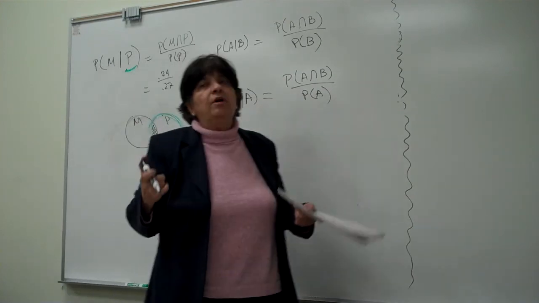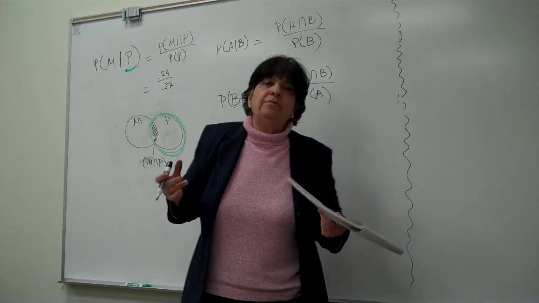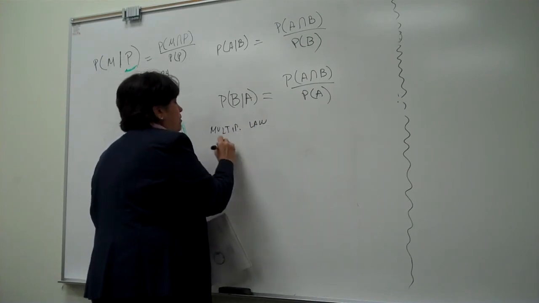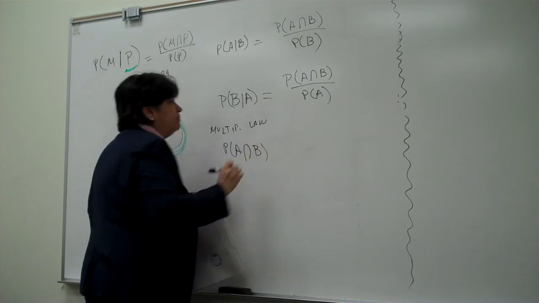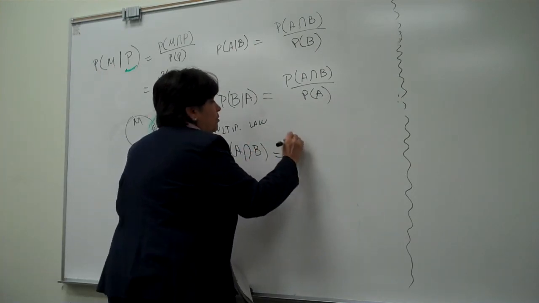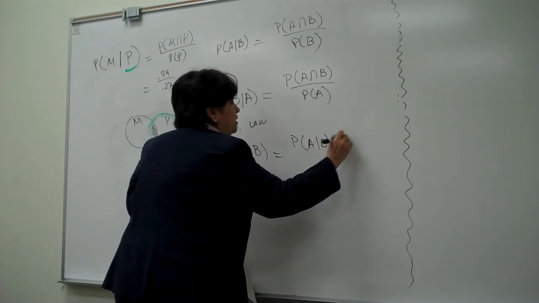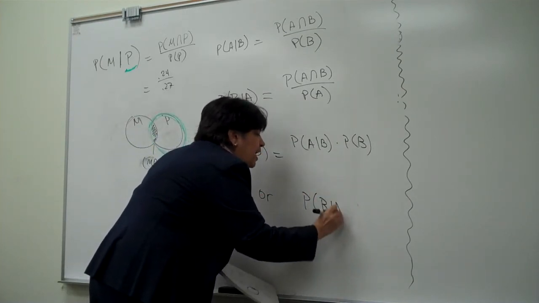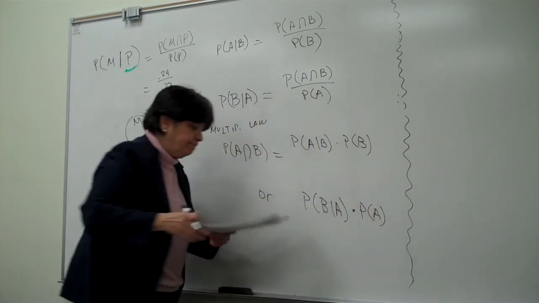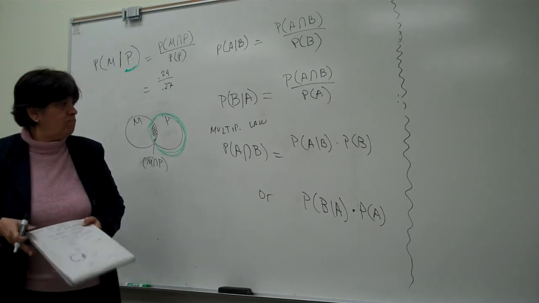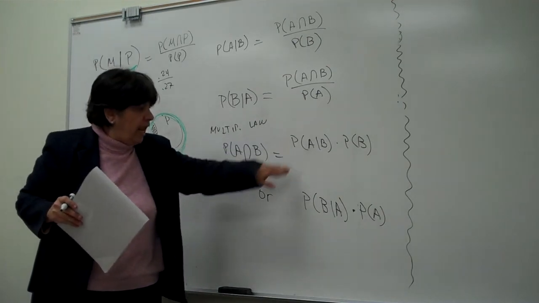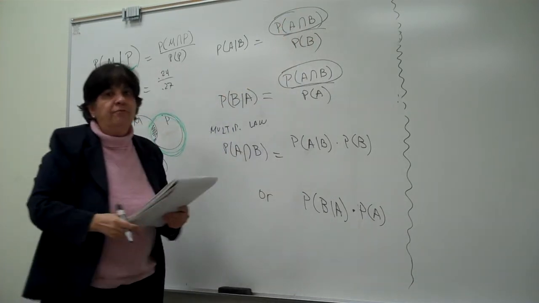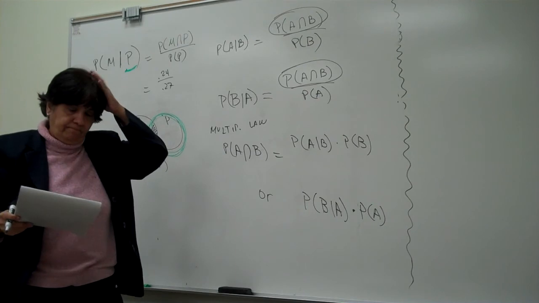Remember, the addition law tells you the probability of A union B. The multiplication law gives you the probability of A intersection B. And that is equal to the probability of A given B times the probability of B, or is also equal to the probability of B given A times the probability of A. So the probability of A intersection B is any one of these formulas, because we are just getting this term from the formula.